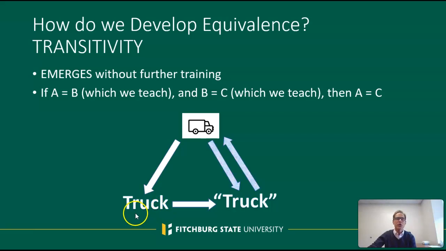We directly teach the written word truck to the spoken word truck. If we teach those two things, what ends up emerging without further training, if we have stimulus equivalence, is the picture of the truck to the spoken word truck, and the spoken word truck to the picture of the truck. So we get all of this learning emerging without further training.